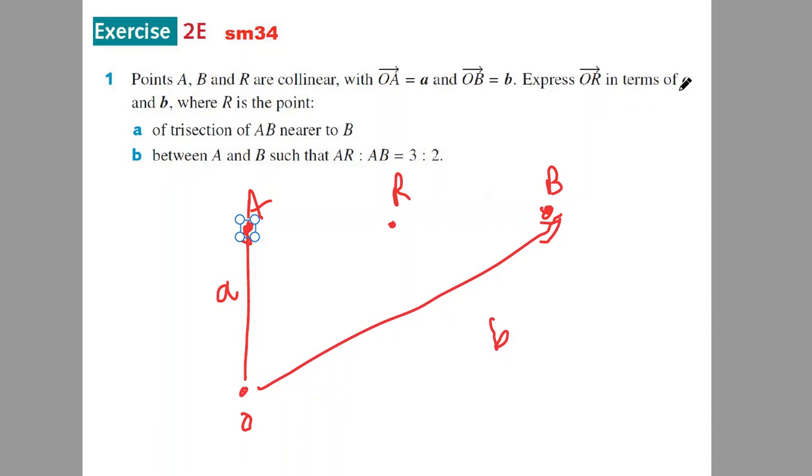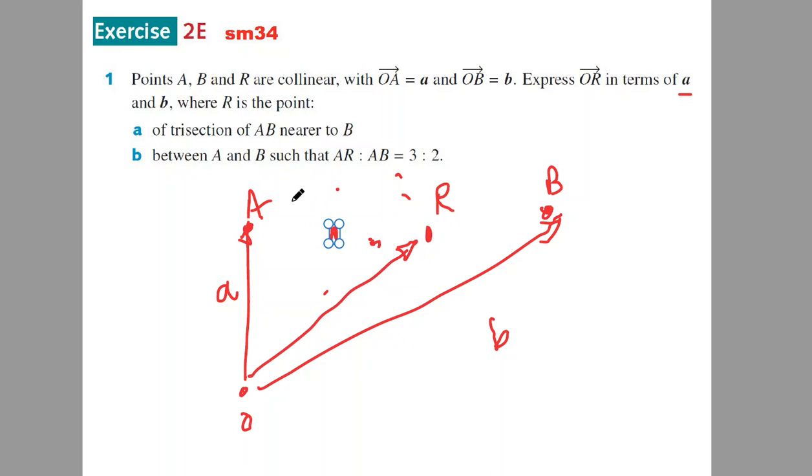Express OR in terms of a and b. And I'm told that R is the point of trisection of AB nearest to B. 3 equal pieces, and that's R there, nearer B. That's going to be my OR.